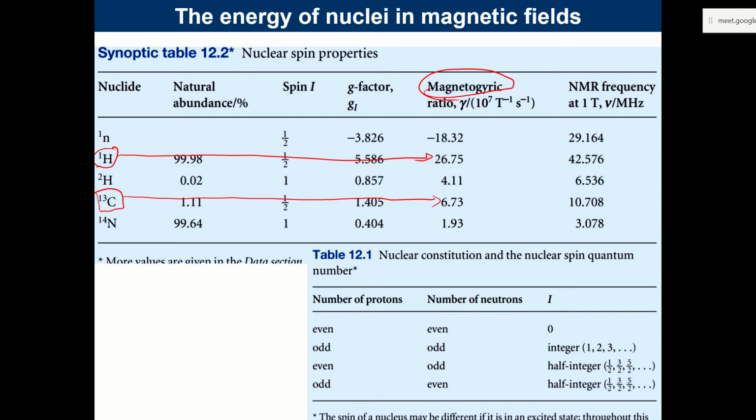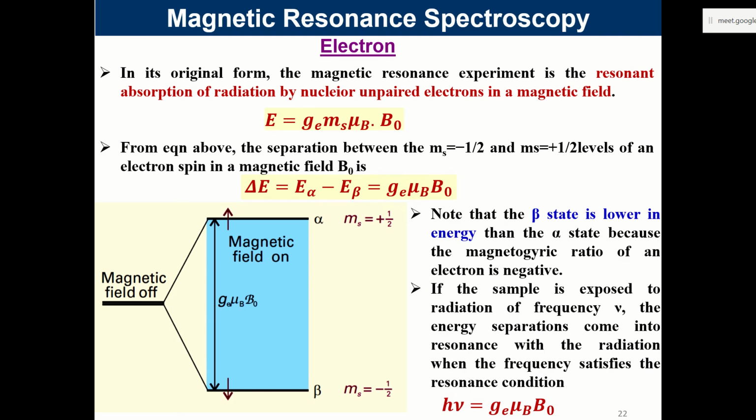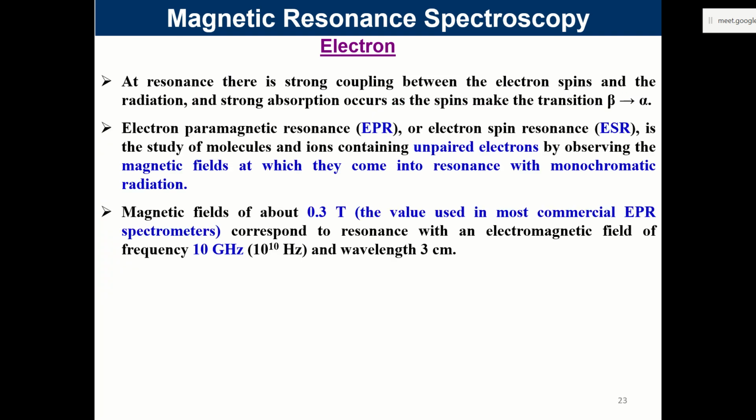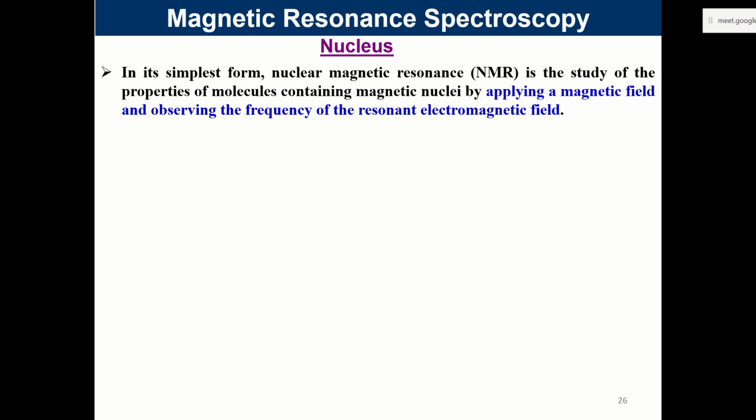signal to be much more for the same applied field, the same strength of the applied magnetic field. The NMR signal that you will obtain will be much greater in proton magnetic resonance, so PMR, H1 NMR, will give you a much stronger signal for the same strength of applied magnetic field. The intensity of the signal will be much better.